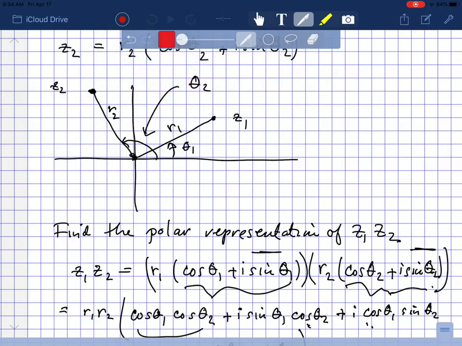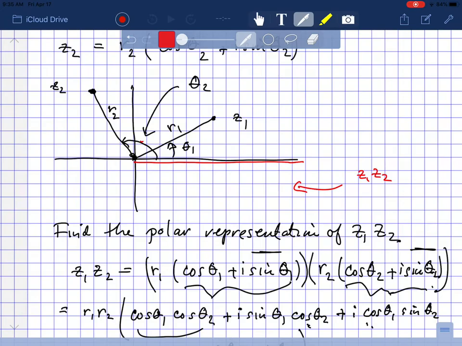What does that tell us about the location of z sub 1 times z sub 2 in the complex plane? Well, it tells me that it's going to be located at an angle of theta sub 1 plus theta sub 2 away from the positive real axis.